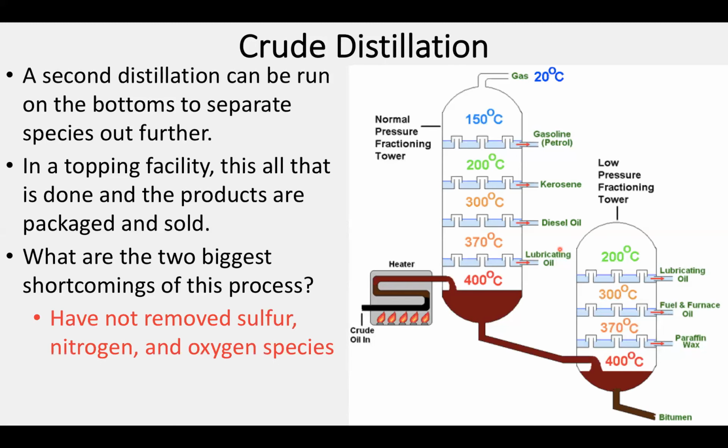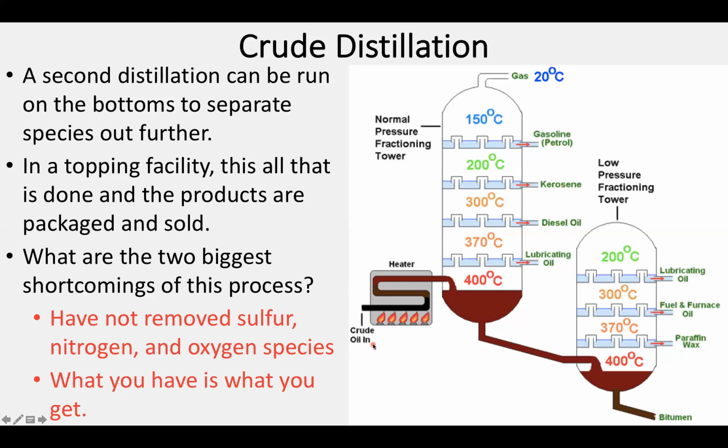The first of which is that I still have a whole bunch of impurities in each of these levels, which means that I've got a whole bunch of sulfur, nitrogen, and oxygen sitting in my gasoline and kerosene. For this reason, you won't see many topping facilities anymore because in most countries they tend to be illegal because they have toxic amounts of these impurities.